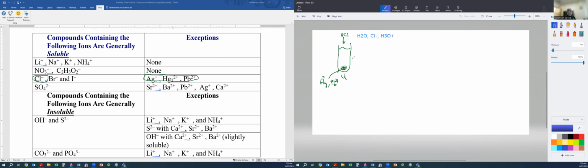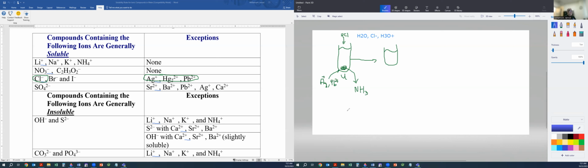So what I'm going to do is centrifuge those, and I'm going to keep the supernatant. That's the liquid that's on top. And I'm going to test the precipitate, not with a flame test, but with concentrated ammonia.